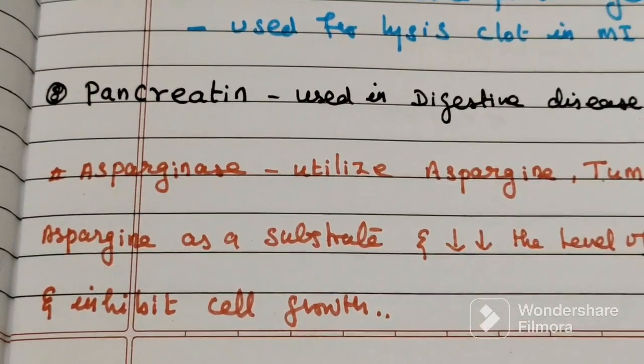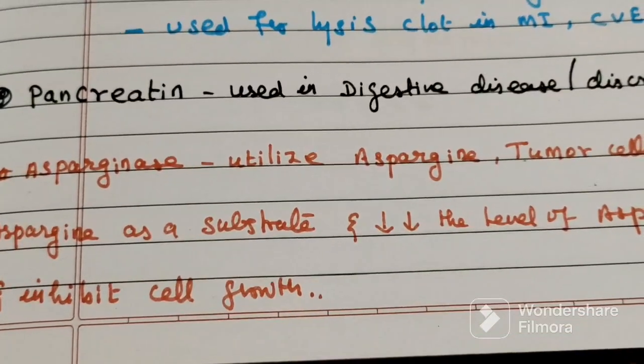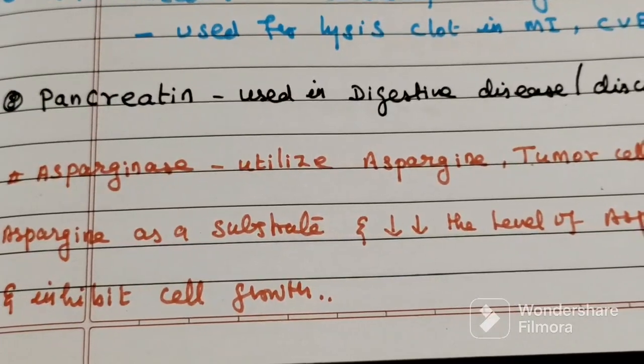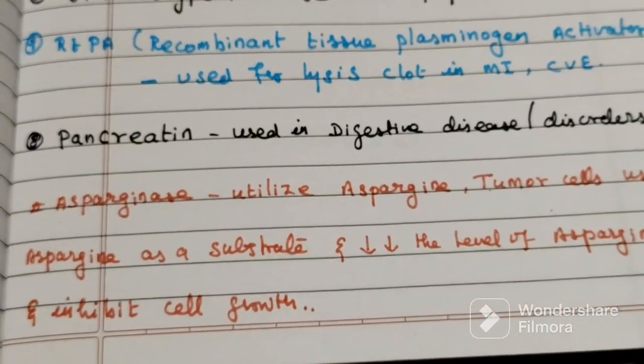Asparaginase mechanism of action: it utilizes asparagine. Tumor cells use asparagine as a substrate.